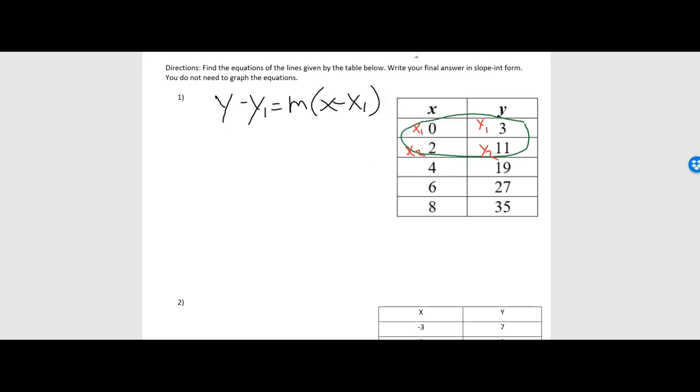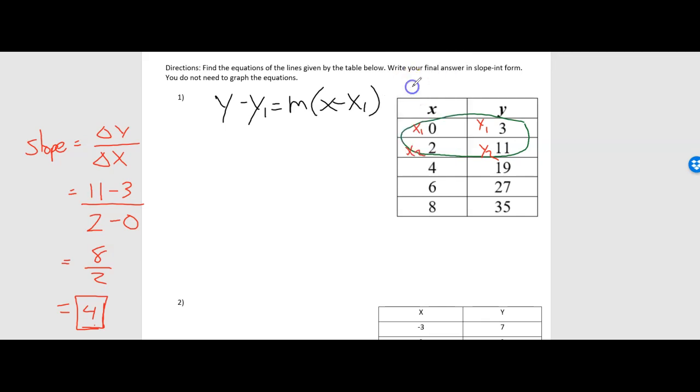So our slope is equal to change in y over change in x, which is equal to y2, so 11, minus y1, which is 3, all over x2, 2 minus x1, 0. That gives us 8 over 2, which is equal to 4. Now, regardless of which 2 points you chose, you should still get a slope of 4, right? Because the slope for a line is going to stay the same.